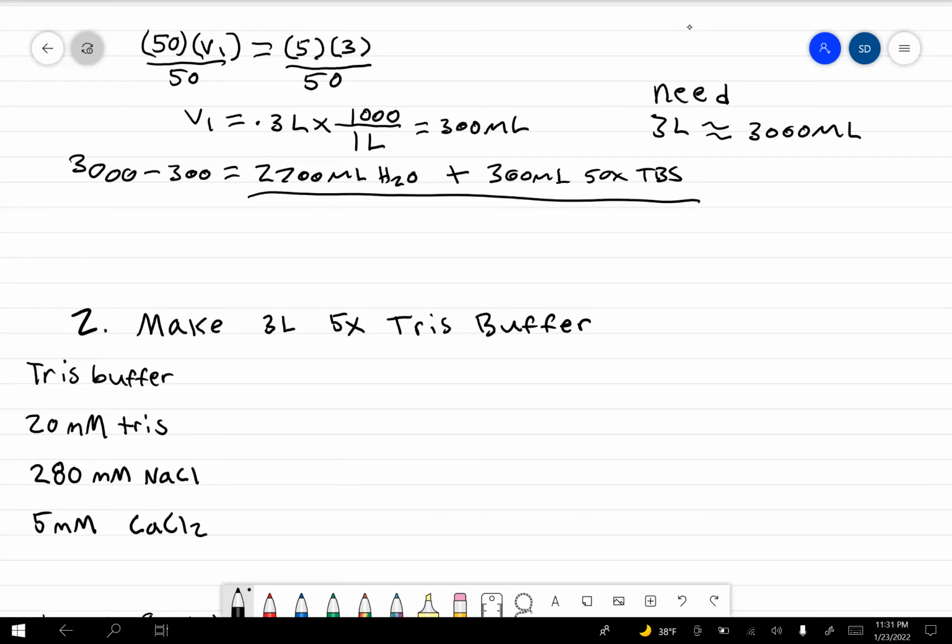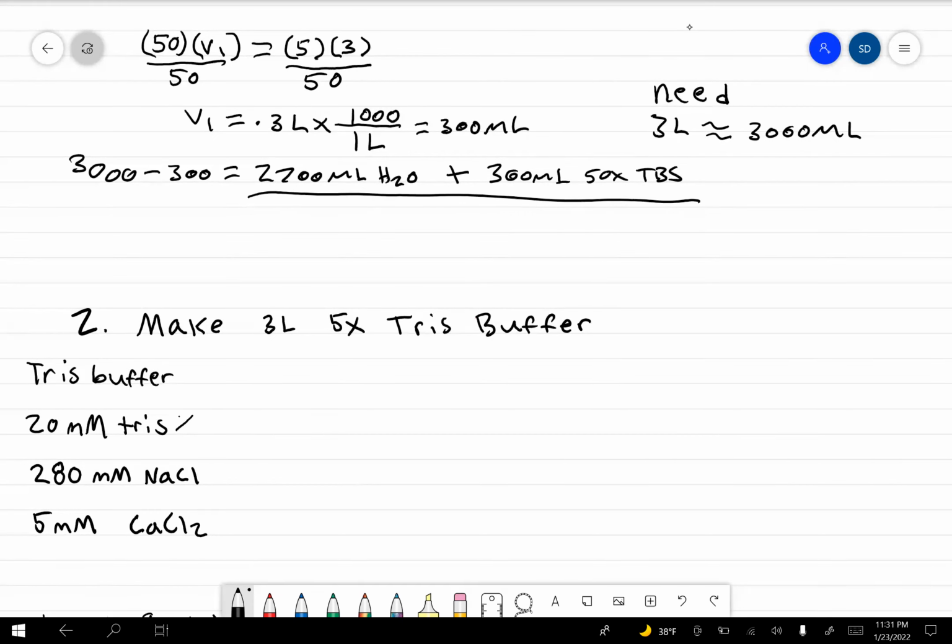So often it will be in millimoles. Our first thing that we want to do is convert each of these ingredient lists into grams so we can determine how many grams are needed to make this Tris buffer. So to convert into grams, you must first convert each of the ingredients into moles.